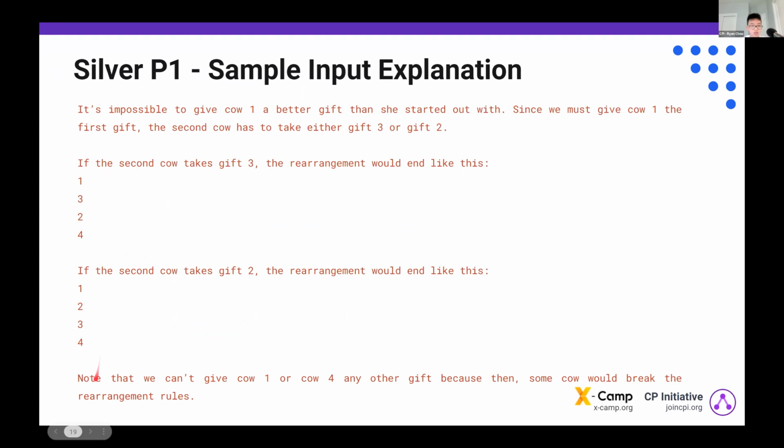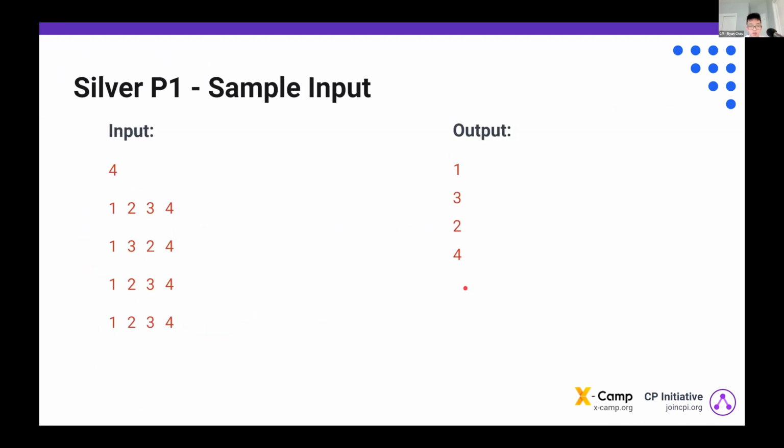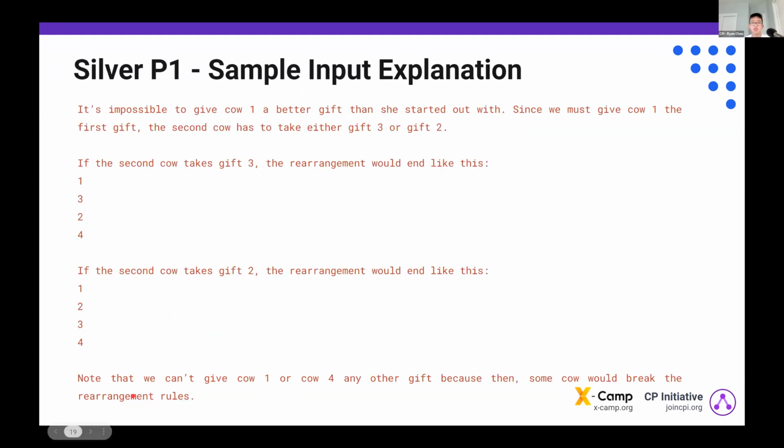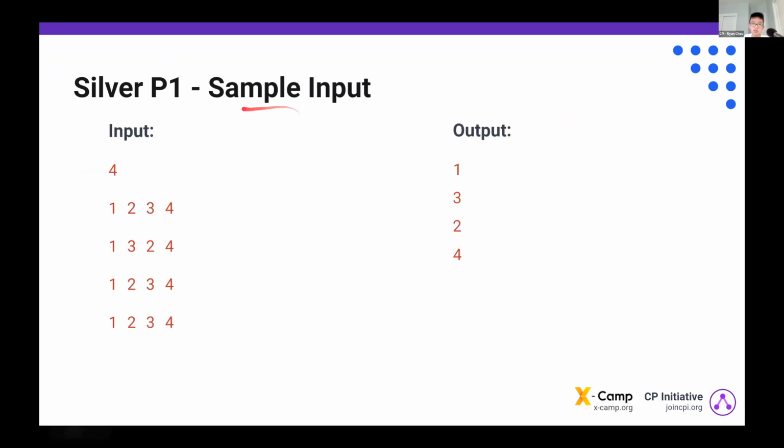And the reason why the output is 1, 2, 2, 4 is because it's impossible to give cow 1 a better gift, because she wants gift 1 the most, and she got gift 1. If she didn't get gift 1, she couldn't choose a gift otherwise, because it has to be better than or equal to 1.